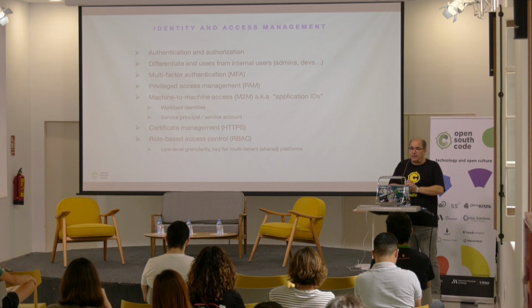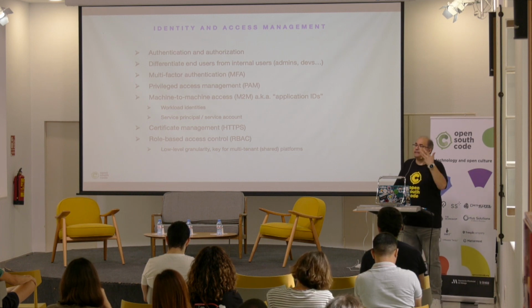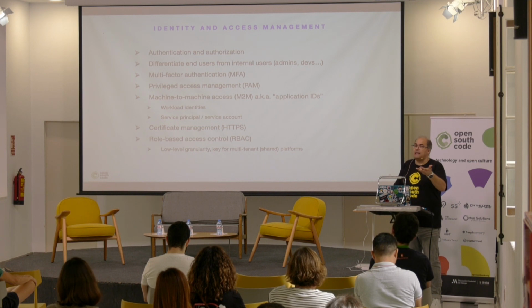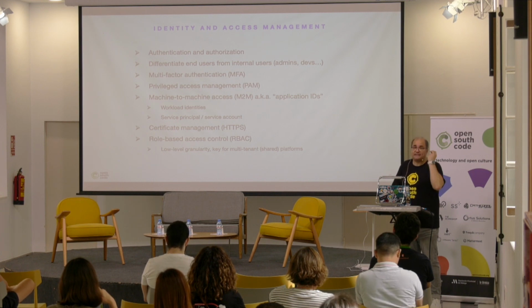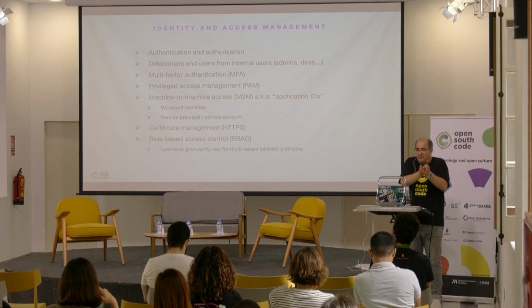PAM tools are very useful because someone in the team may ask for these administrative permissions, and another person from the team will authorize that. This always means that two people in the team will know that someone has administrative rights for some period of time for doing, of course, typically appropriate things.